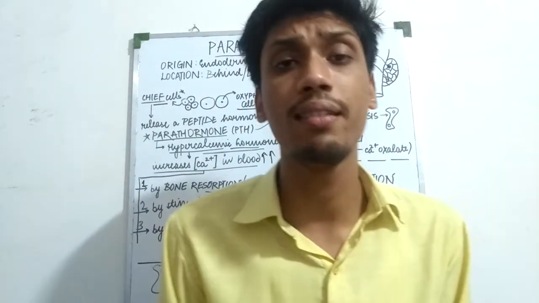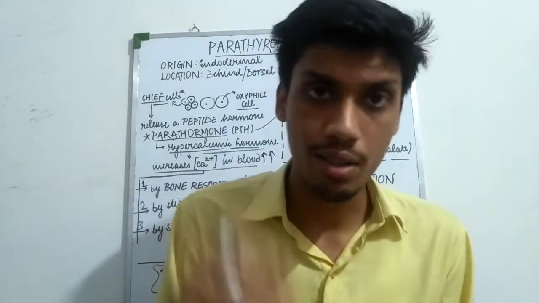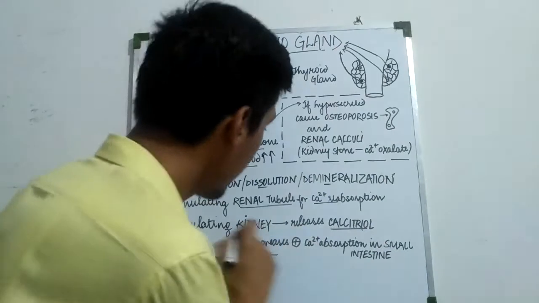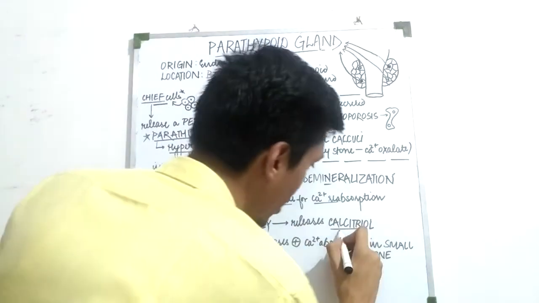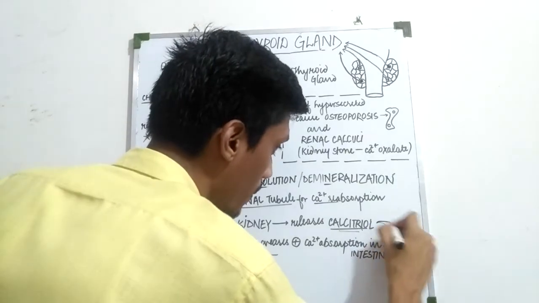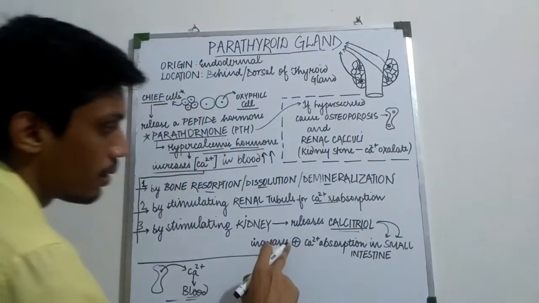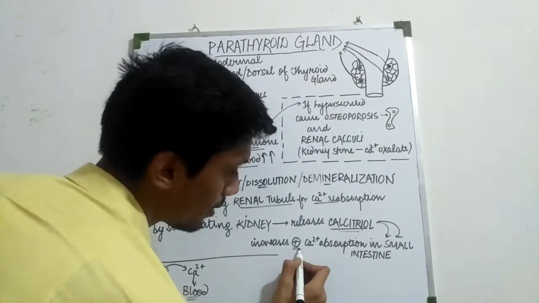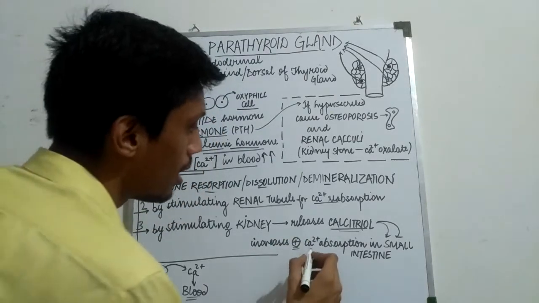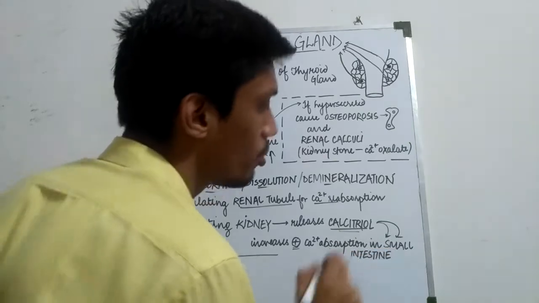It's not mentioned in NCERT, but you should know it. It stimulates the kidney, then calcitriol is activated, and this calcitriol increases, and you can say this is the symbol for stimulates, positive stimulation, calcium absorption in the small intestine.